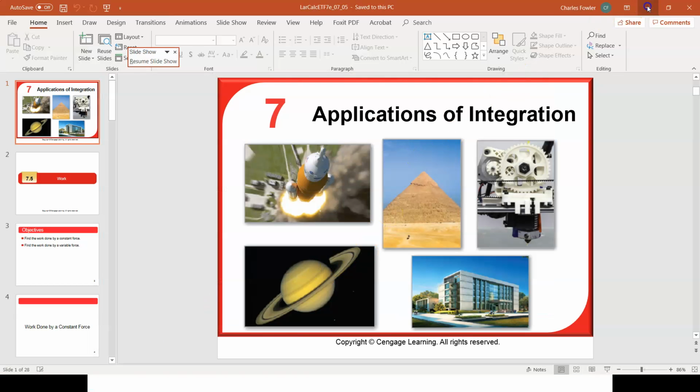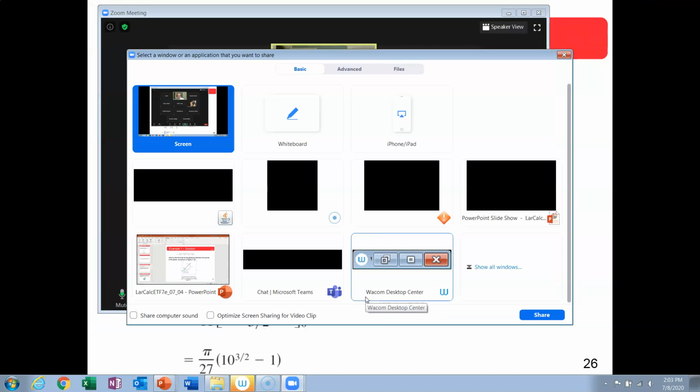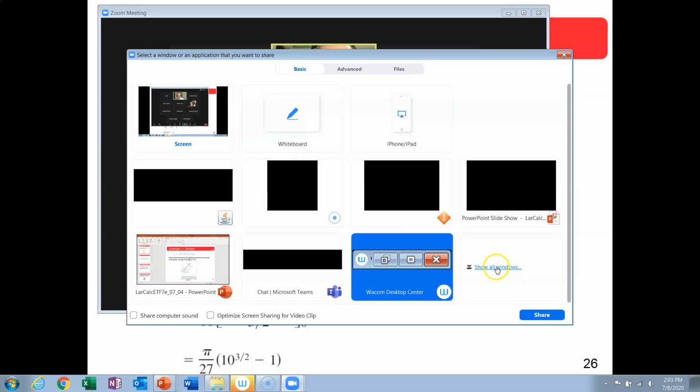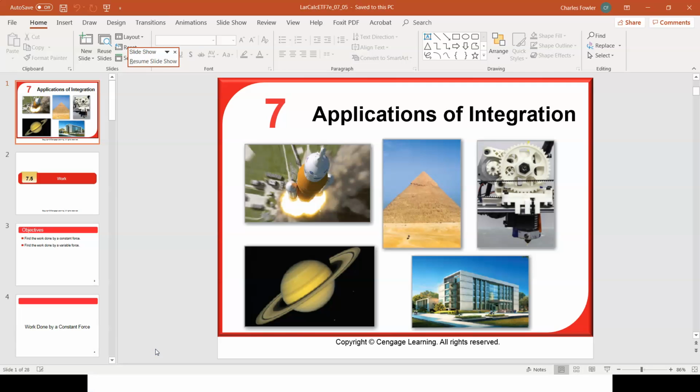All right, so let's close that and go back to screen share and pull up. Okay, where is it now? That's still 7.4. Okay. All right. It's so frustrating.